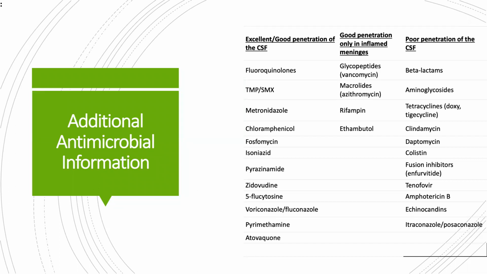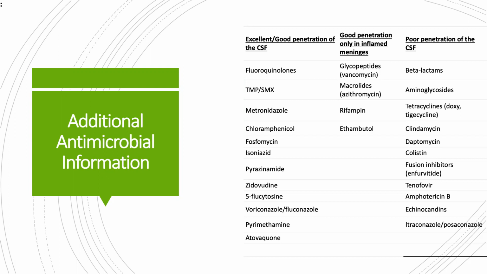And then we have drugs that are good for the meninges only when they're inflamed. So that's why when I talk to you all about utilizing this steroid, we want to be very careful with the steroid, because if we were to give that steroid after the fact, so after the patient has already received the antibiotics, then we run that risk of the antibiotics not being able to penetrate into that CSF because we have decreased the inflammation.